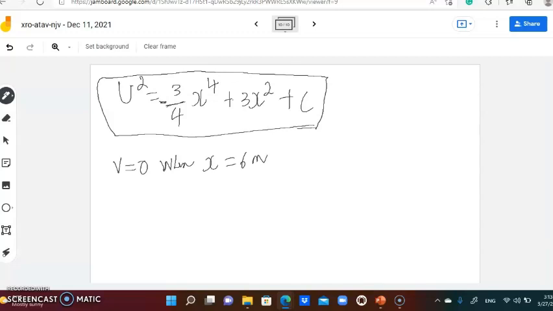So we can use that to find what our constant c is by saying 0, and of course velocity is being represented by u in this case. 0 squared is always 0, is equal to negative 3/4 times 6 to the fourth plus 3 times 6 squared plus c.